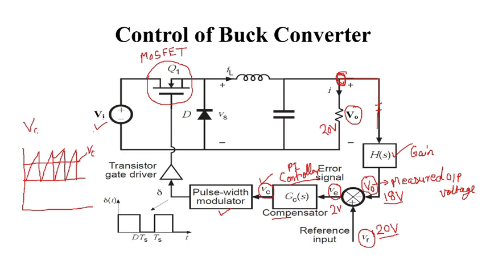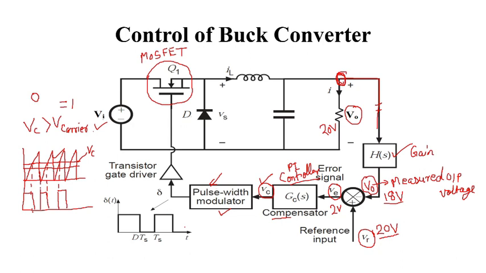When the VC is greater than the carrier wave, then output is 1, otherwise 0. Like this we are getting the pulses. So pulses are generated accordingly, according to the reference. If the reference is changed, the pulse width is also going to change. That's why it is called a pulse width modulator.